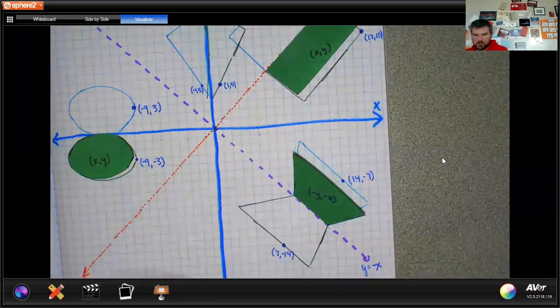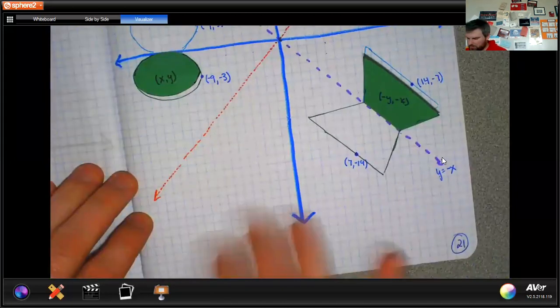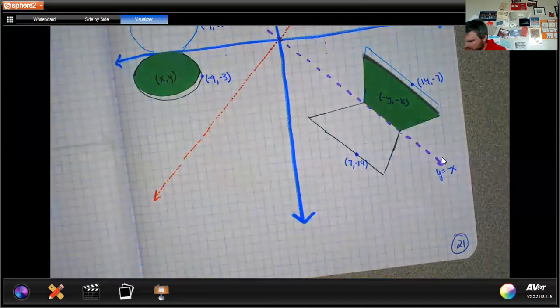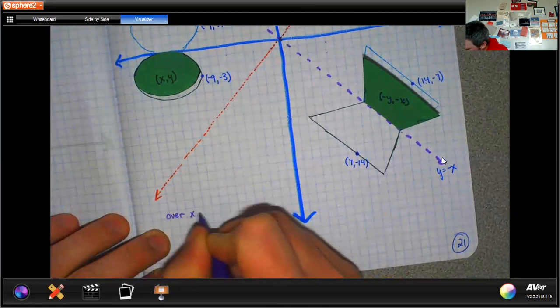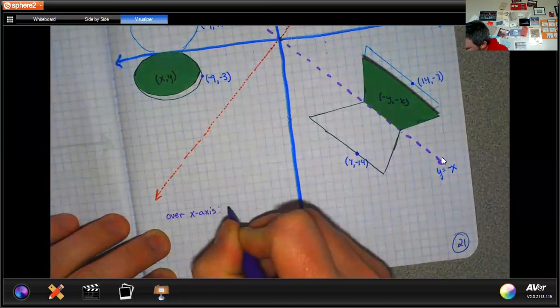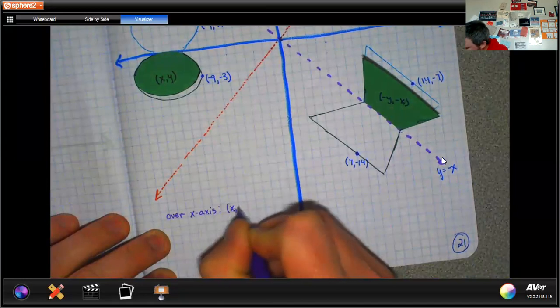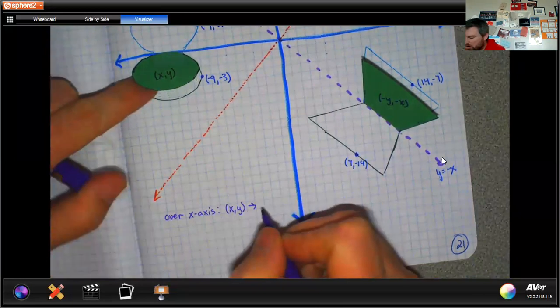Okay? Down here in this corner, let's make kind of a cheat sheet here for our types of reflections. So the first one we're going to say is over the x-axis. In order to do that, your formula starts at (x, y), and goes to, well, this one right here was our x-axis.